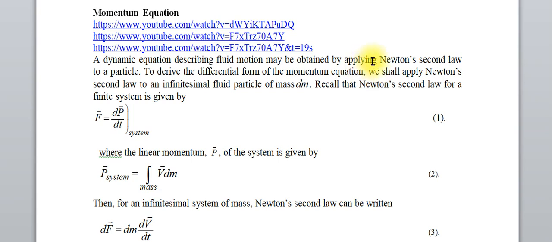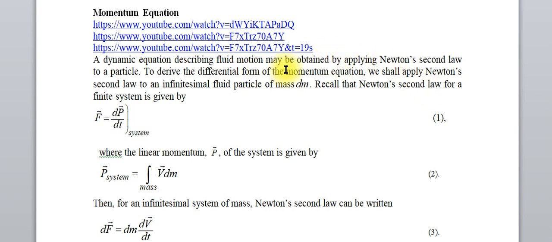Even in a dot there are millions of particles, so you would need millions of Newton's second laws, F equal to ma for one, two, three, and millions, so humanly it is not possible. That's why we move towards the continuum approach, the collective nature of the fluid.